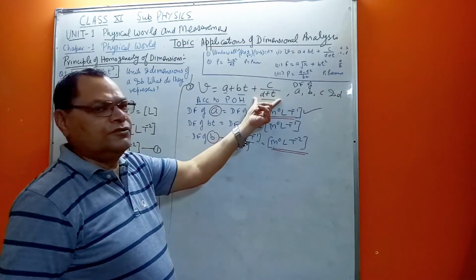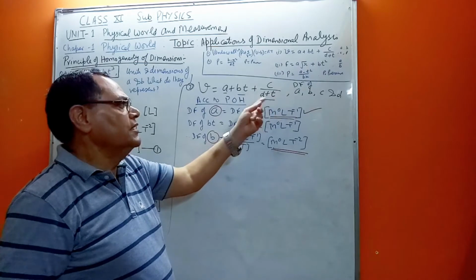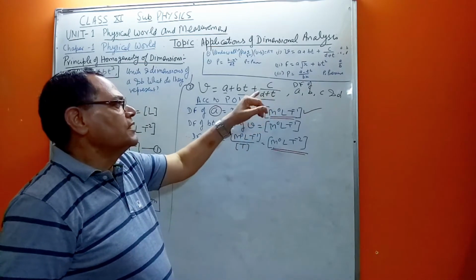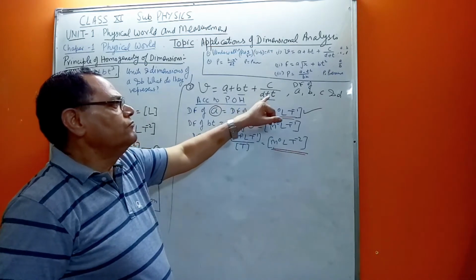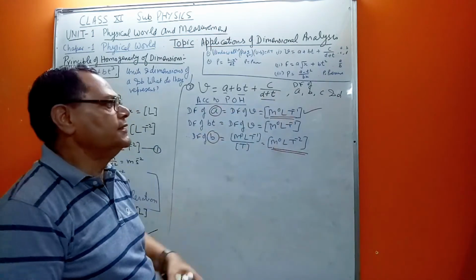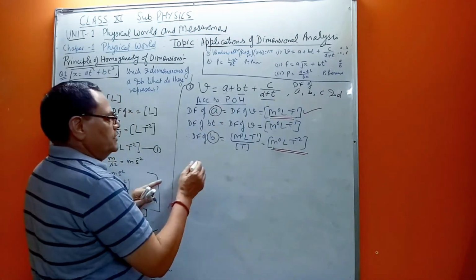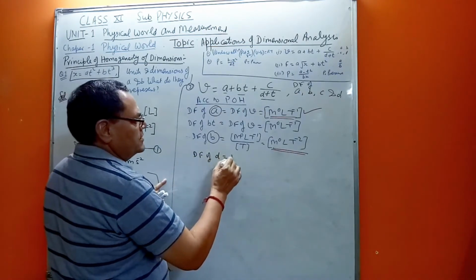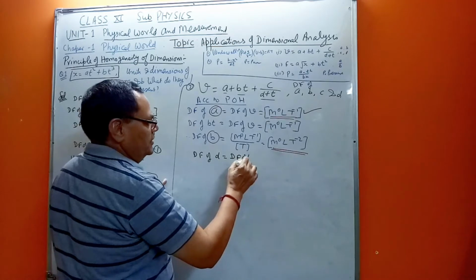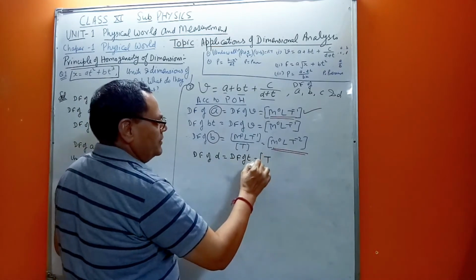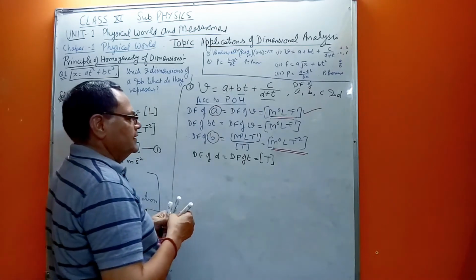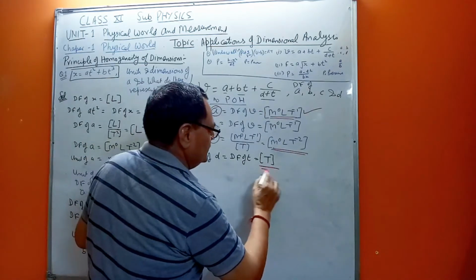According to the principle of homogeneity, only terms of similar dimension can be added, meaning the dimension of d will be nothing but the dimension of t. So the dimensional formula of d is nothing but the dimensional formula of t, that is capital T.